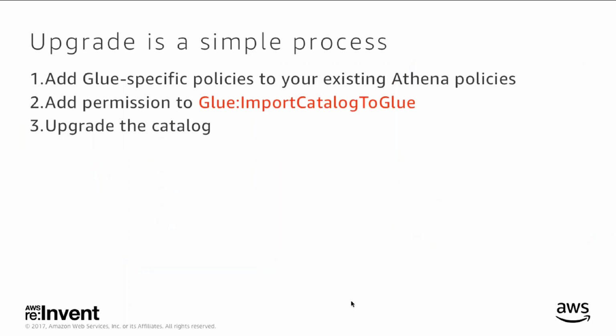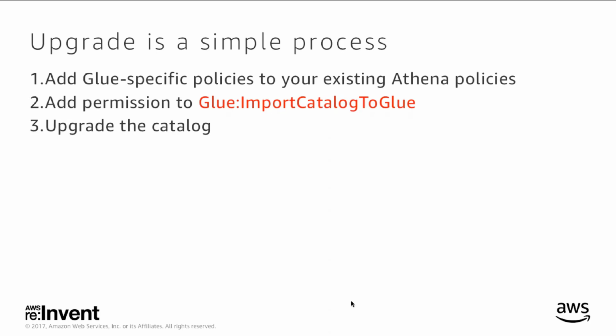So when you're moving from the Athena data catalog to the Glue data catalog, there's a simple process to do that migration. There are some modifications that you have to make to the existing Athena policies in IAM. There's a named policy there, so you can use it and assign the right Glue data catalog permissions for Athena to use. We also wanted to add one layer of protection, so you don't give just anybody access to migrate the data catalog from Athena to the Glue Data Catalog.